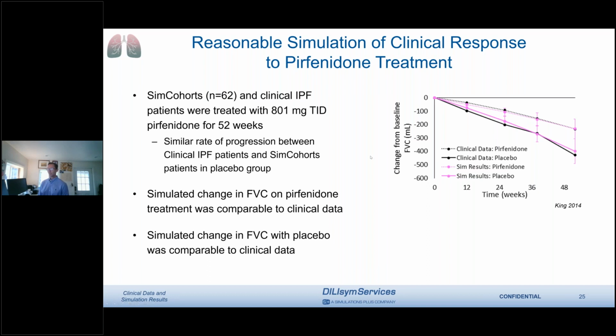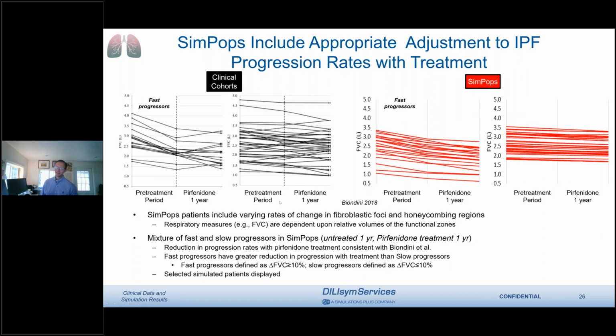Additionally, if we return to those Biondini data that we examined earlier, they had a second aspect to their study: after a 1-year pre-treatment period, where the patients were without treatment, they administered pirfenidone and tracked them for a year, and you can see an alteration in the slope, i.e. pirfenidone in many of the patients slowed the rate of disease progression.